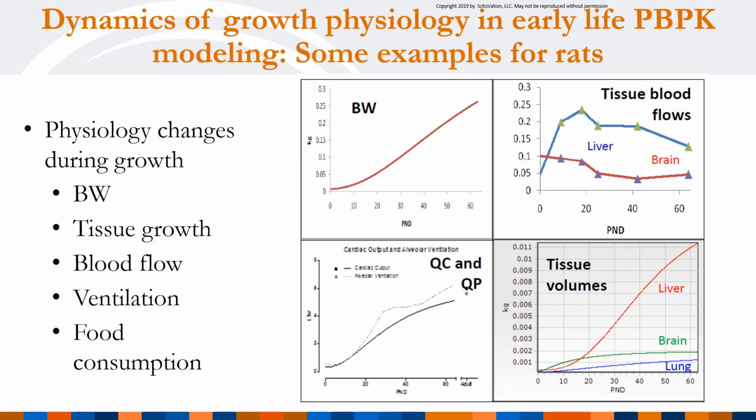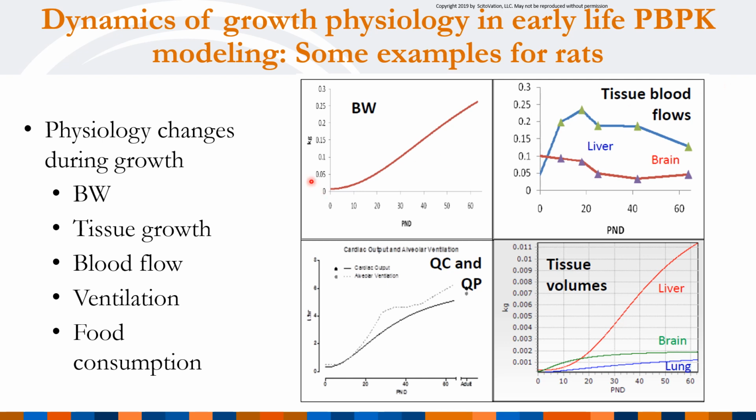The generic model usually incorporates, like I said, age-dependent physiology, as well as maturation profiles of enzymes like carboxylesterase, for example, or cytochrome P450 in plasma and liver.